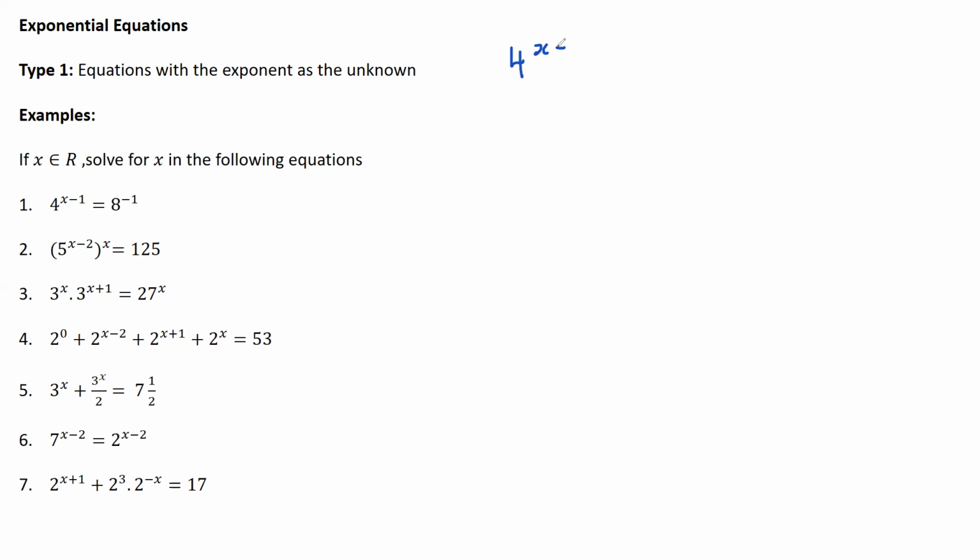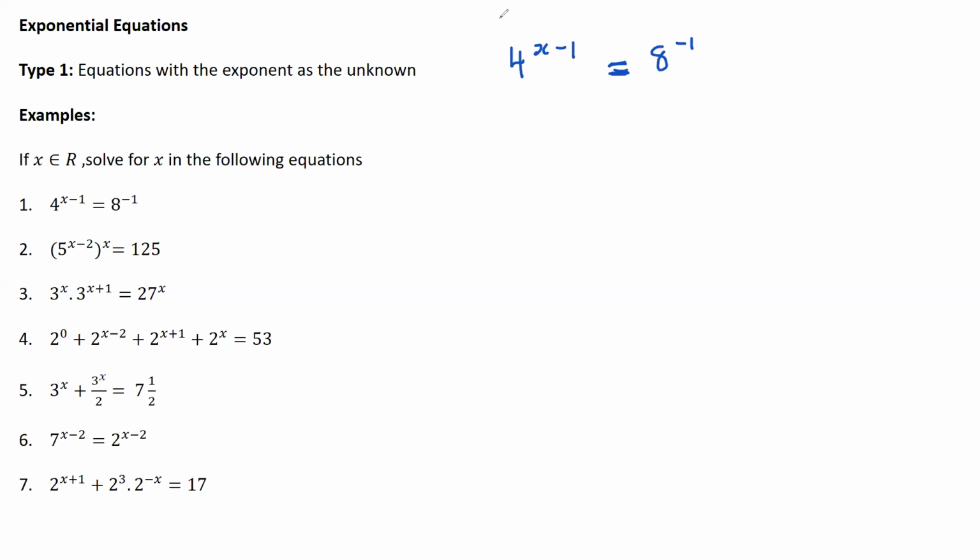4 to the power x minus 1 is equal to 8 to the power -1. They're equations, that's why they have equal signs. Relationships, that for me is key.